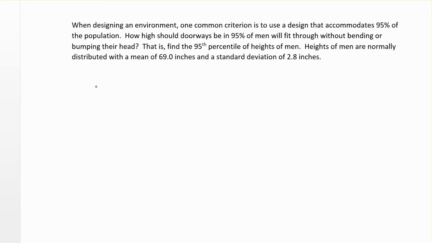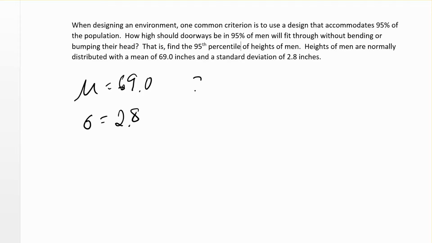So in other words, we've got a mean of 69.0, standard deviation is 2.8. And we want to find what height we should build the doorway. So we don't have this random variable x right now.